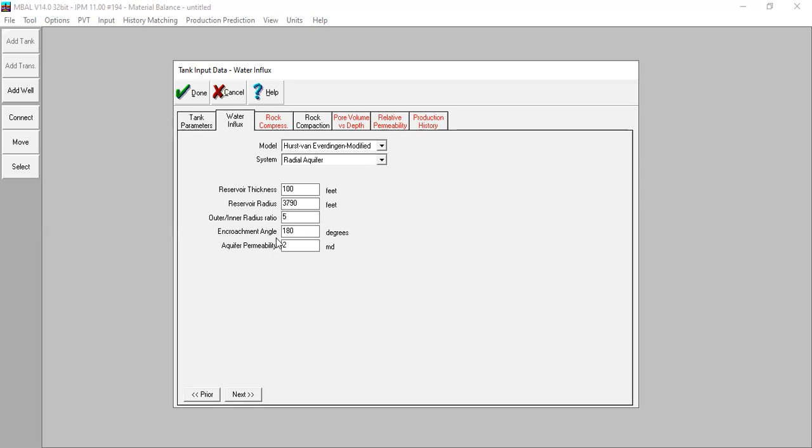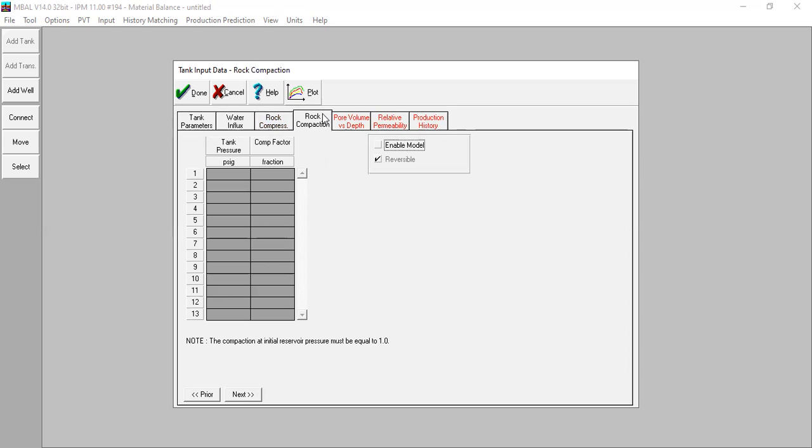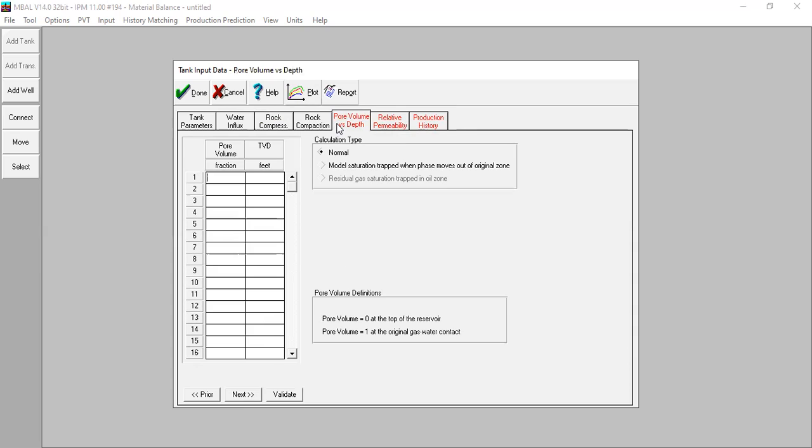Okay, and then for rock compressibility, we will use correlation. Rock compaction, we will leave it as it is. We will not consider rock compaction. And pore volume versus depth, this is important if we want to monitor the movement of the gas water contact. And this is the node, pore volume definition. Pore volume is 0 at the top of the reservoir, and pore volume is 1 at the original gas water contact.